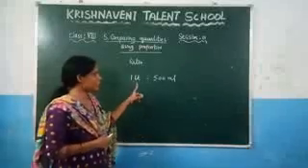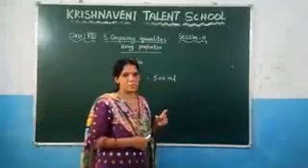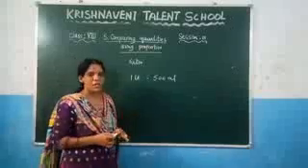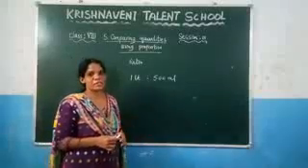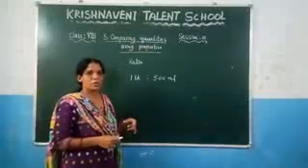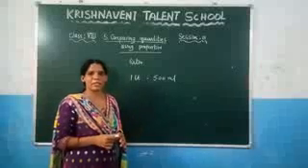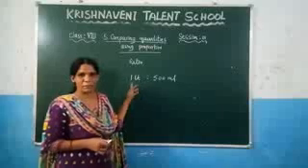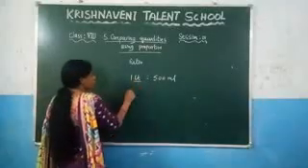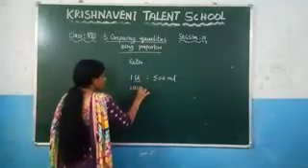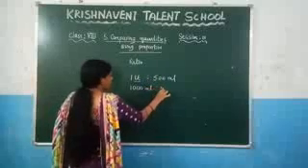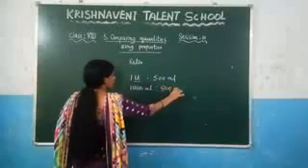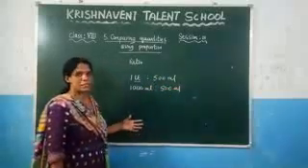Here the units are liters and milliliters, which are not the same. So you need to change liters to the same unit, and you know that 1 liter is equal to 1000 ml. So in place of 1 liter you write 1000 ml, and here 500 ml. Clearly the units are now the same.